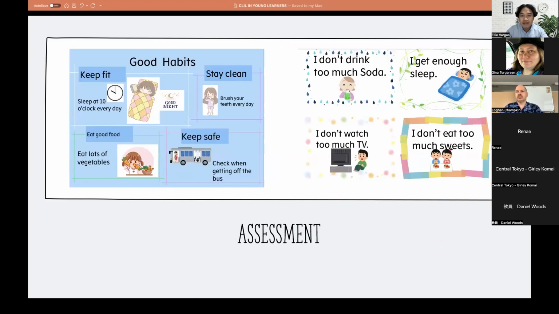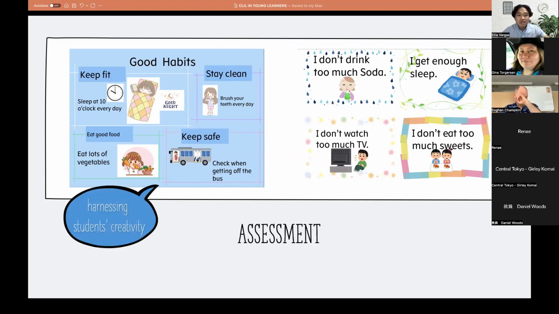And this is another type of assessment or poster that I made my sixth graders use. We learned about good habits. So they made a poster about their good habits or the habits that they think is beneficial or positive for them, like staying clean, like brushing their teeth, sleeping at 10 o'clock every day, eating lots of vegetables.